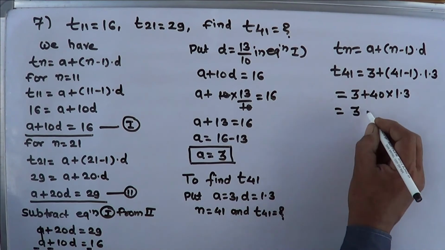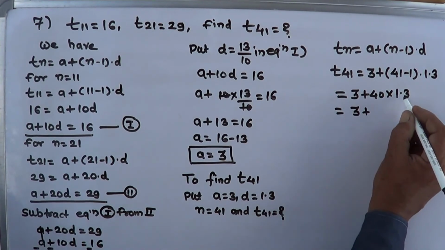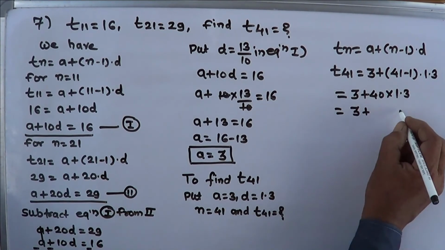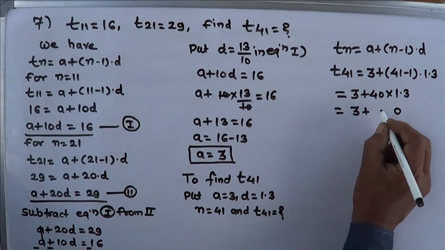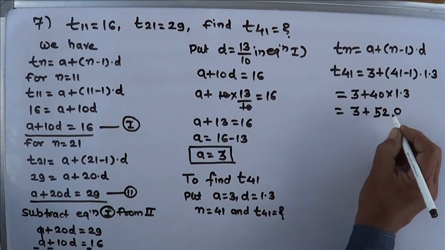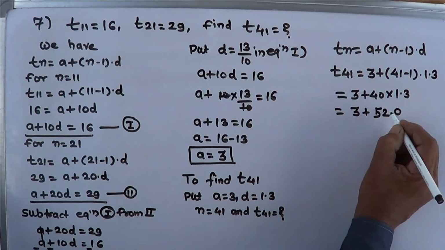3 plus 13 into 0, that is 0, 13 into 4, that is 52, and here will be point.